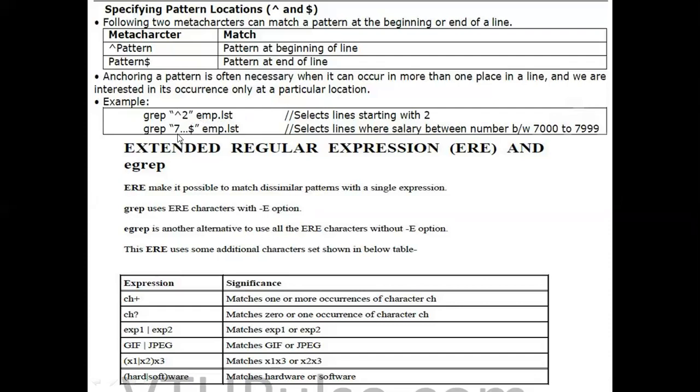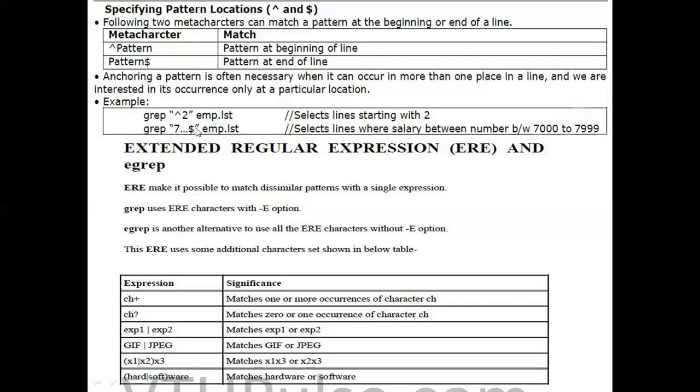The second example is 7 dot dot dollar. It will select all the lines where salary is between 7,000 and 7,999. As you can see, 7 will be compulsory, then it will consider 00 to 99. So it will select lines where salary is between 7,000 and 7,999.